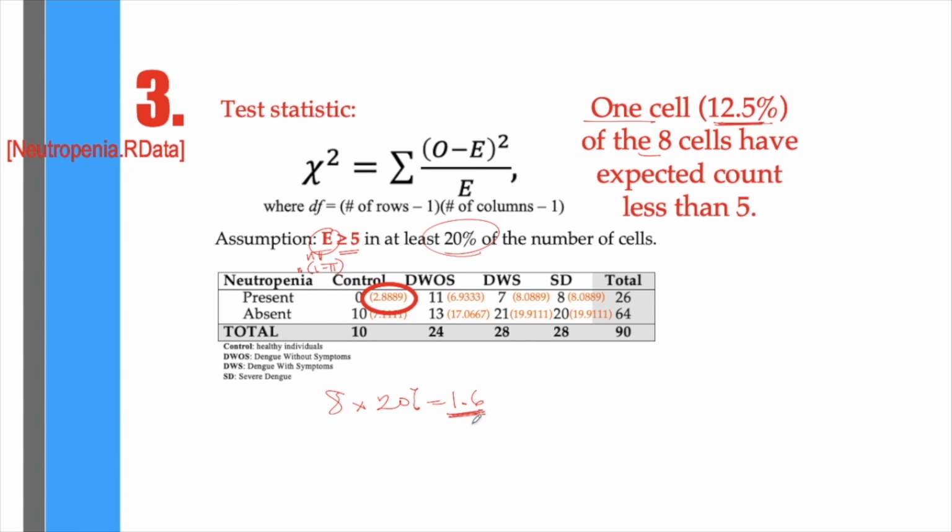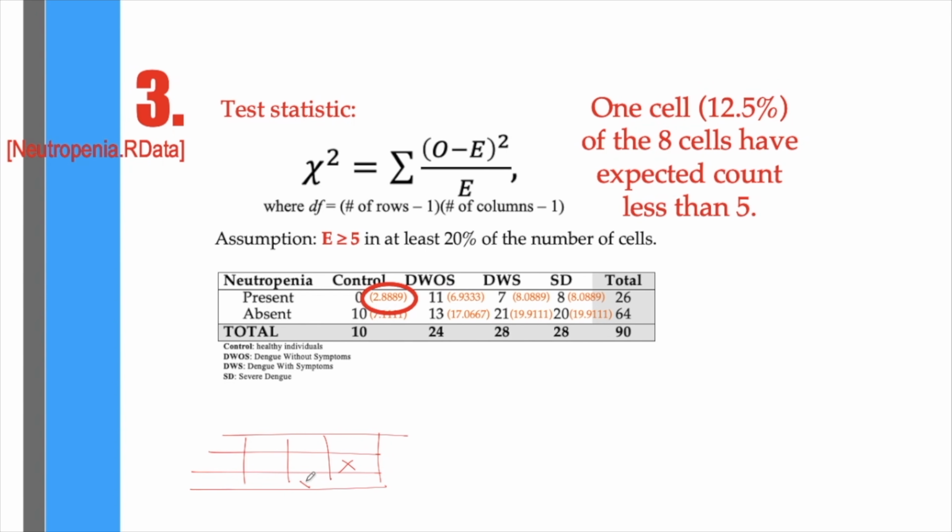In other words, if in case there are 2 cells already having expected count less than 5, then that exceeds 1.6, and thus we're not allowed to make use of the chi-square test of homogeneity. Now suppose, let's say we have a 3 by 3 table, and 2 of those cells have expected count less than 5. Is the chi-square test of homogeneity allowed?